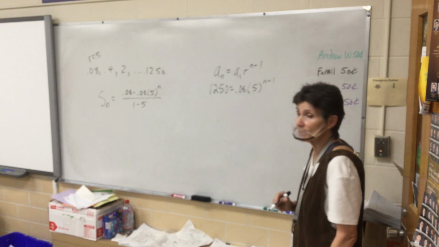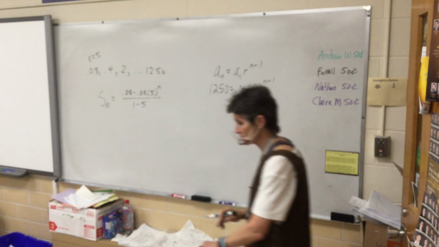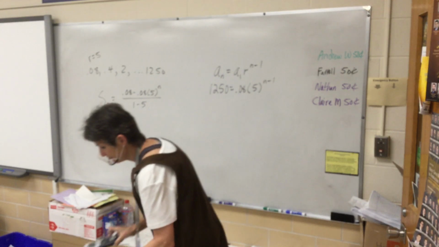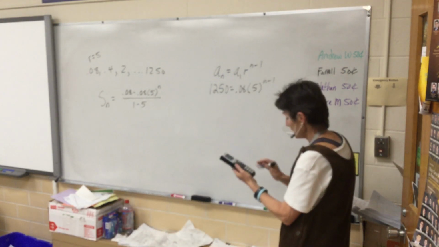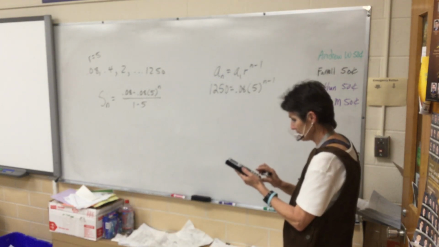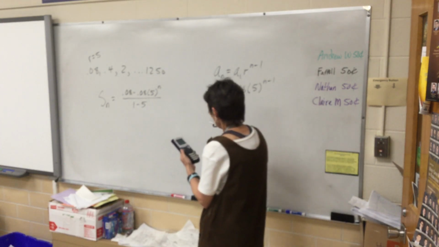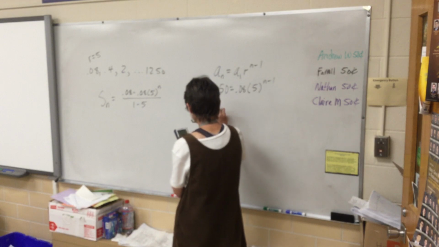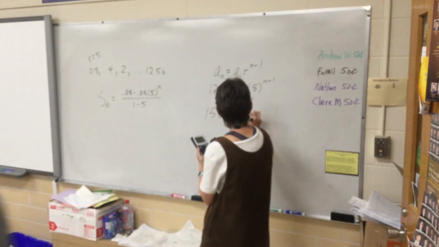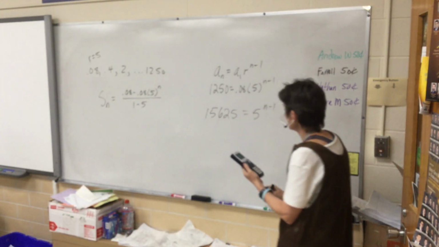Now I'm going to solve that equation, which looks just like the one we just solved. How do we start? Divide, so 1250 divided by 0.08. I'm hoping this works, people. 15,625 equals 5 to the n minus first.